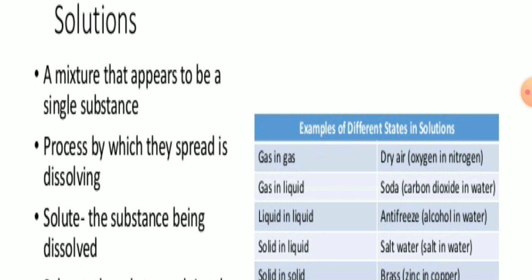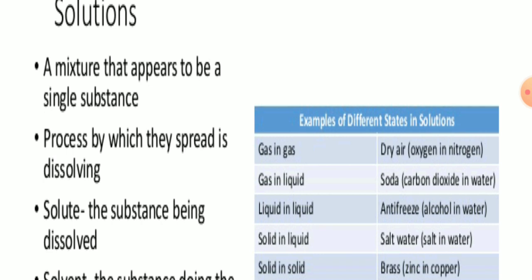The process by which they spread is called dissolving. So when you want to make a solution, you have to dissolve something in another substance. Whatever you are dissolving is called the solute, and the substance in which you dissolve the solute is known as the solvent.